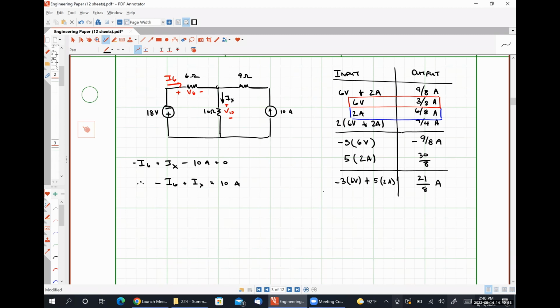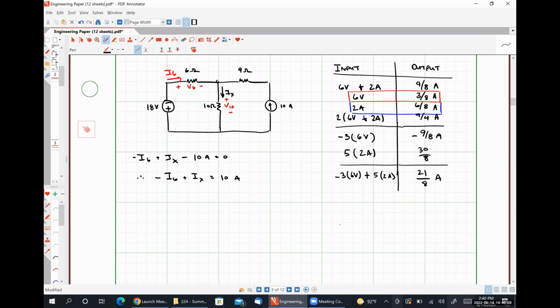Writing a Kirchhoff's voltage law equation around the left-hand loop, I'm going to have positive 18 volts plus V6 plus V10 is equal to 0. Using the Ohm's law relationships that we developed earlier, this looks like 6 ohms times I6 plus 10 ohms times IX is equal to negative 18 volts. And here's my equation 1, here's my equation 2.